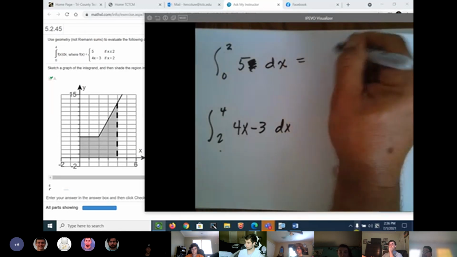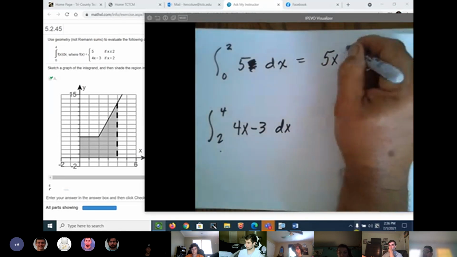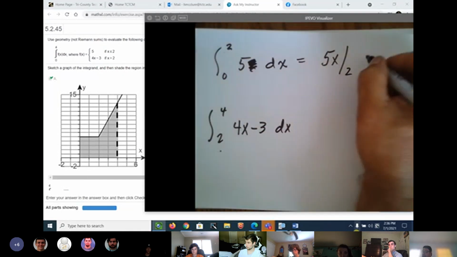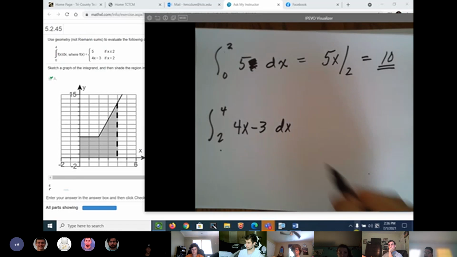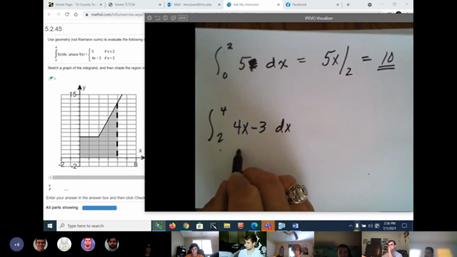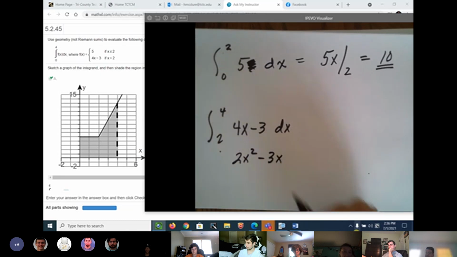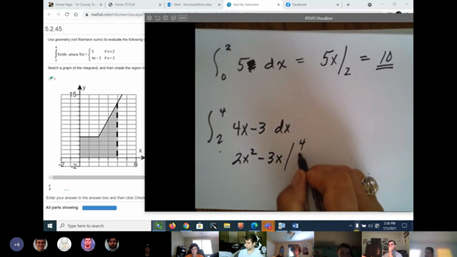So let's do this again. 5x at 2, and that's going to be equal to what? 10. And then this is going to be 4x squared, so 2x squared minus 3x, evaluated at 4 and 2.